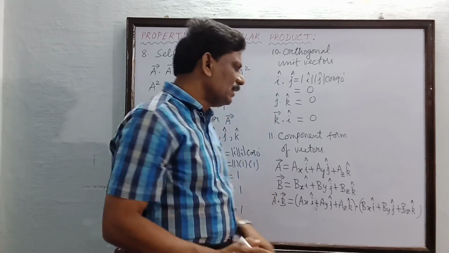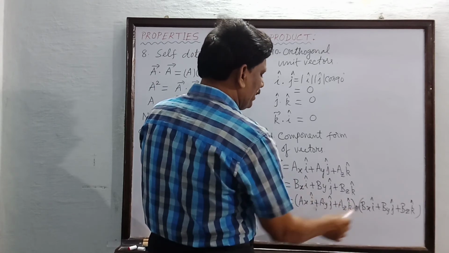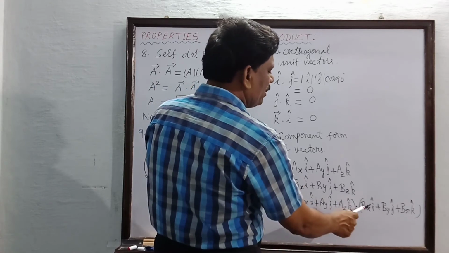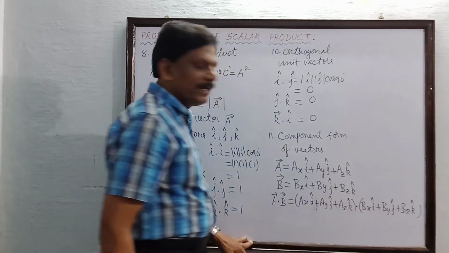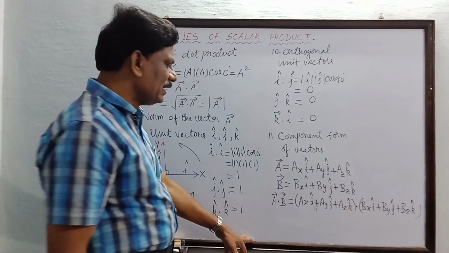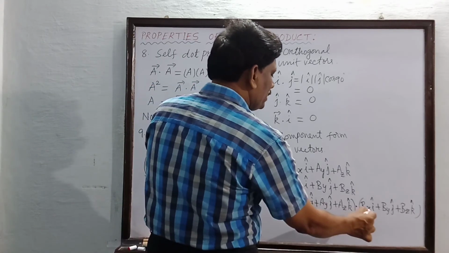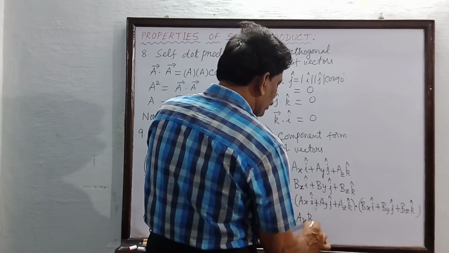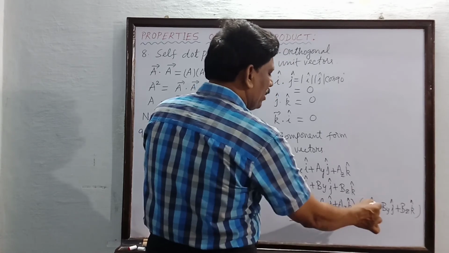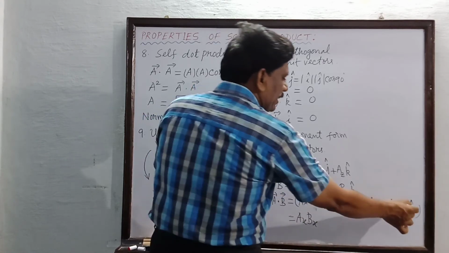So only a few terms will remain. So what are all the terms? Now you see here, this i cap dot i cap, then j cap dot j cap, and k cap dot k cap, that only will remain, is it not? So now this will be equal to Ax into Bx. So the magnitude Ax into magnitude Bx into i dot i is equal to 1, i dot j equal to 0, i dot k is equal to 0.